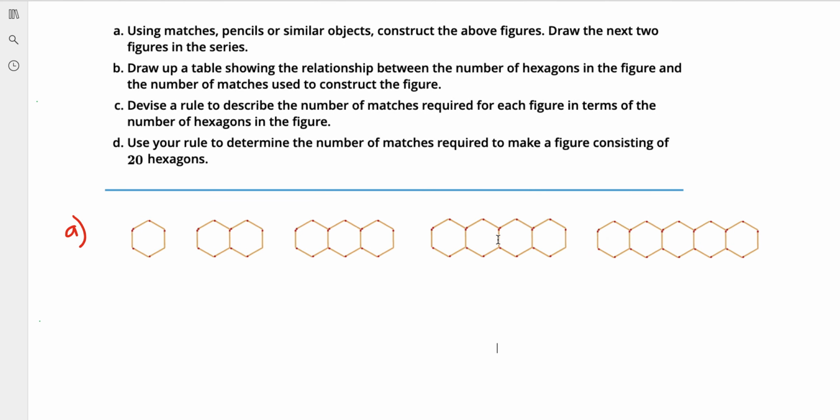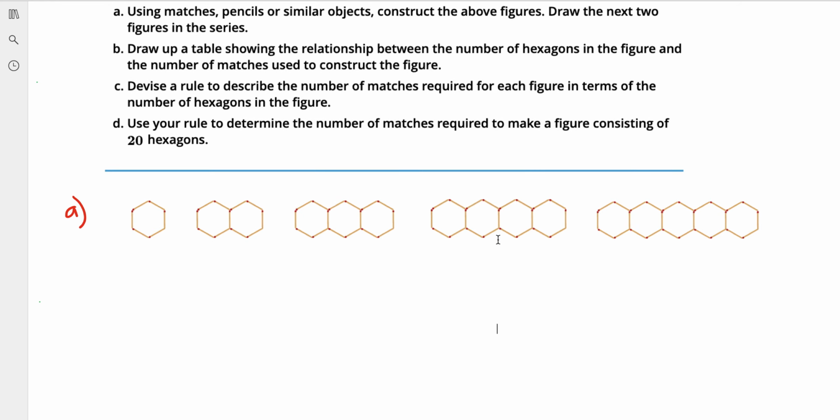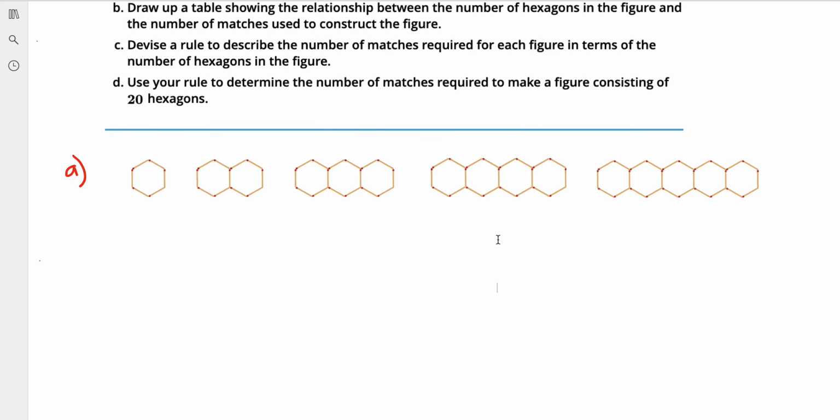Then it says, draw up a table showing the relationship between the number of hexagons in the figure and the number of matches used to construct the figure. So here we only have to count. We say number of hexagons, and I'm going to do it like this.